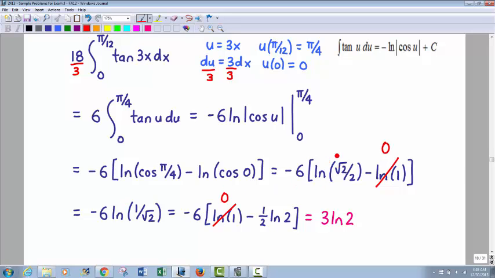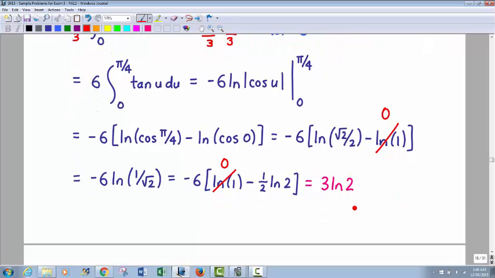it's a little tricky. I changed, and this is correct, but I could have done it without doing that, but I rewrote this square root of 2 over 2 as 1 over the square root of 2. That's the same thing. So this time I just basically rationalized the numerator instead of the denominator. So when I split this up, I have ln of 1 here minus, now here's where this comes from, it's a property of logs.